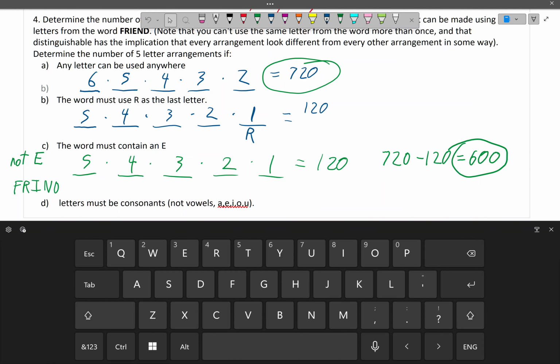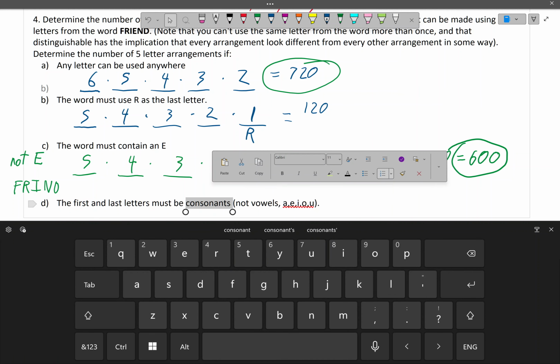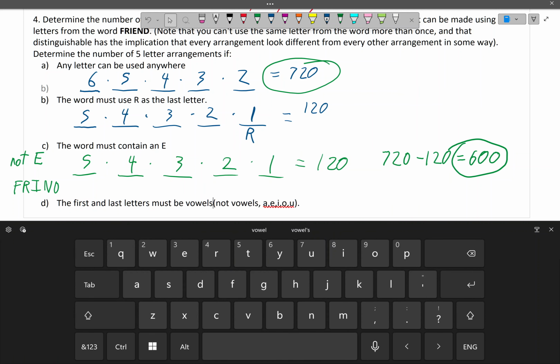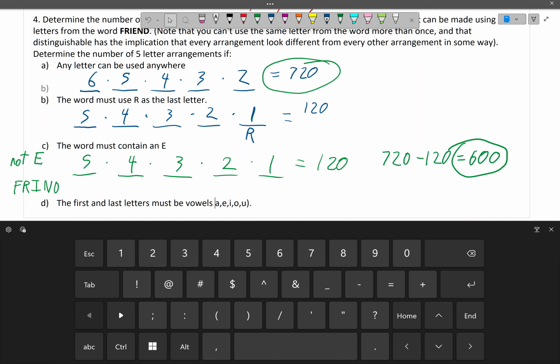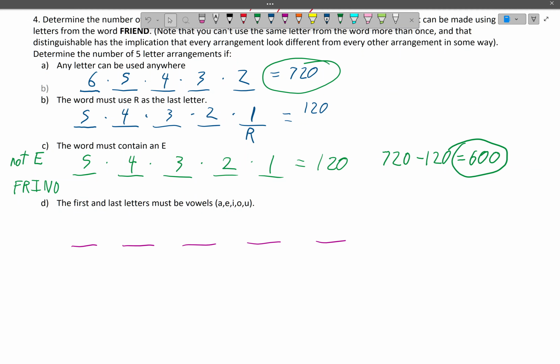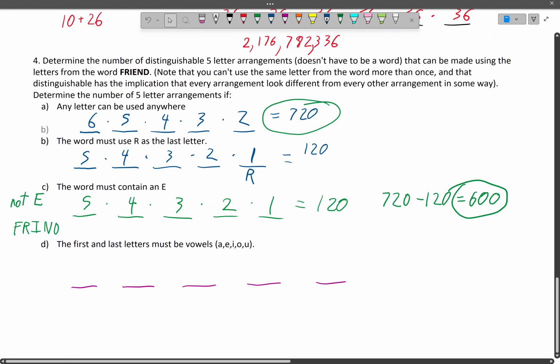We're going to change this. We're going to say the first and last must be vowels. This is going to be much more simple. The other one is possible, but it's going to be too complicated.